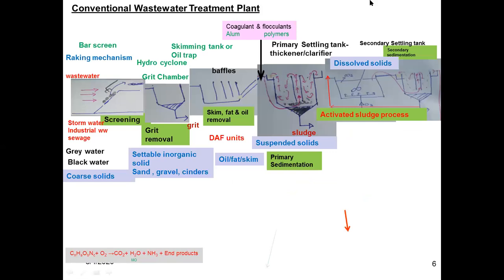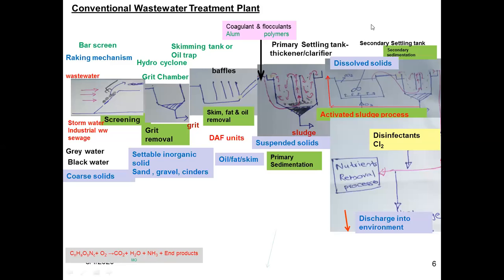Now you are familiar with this diagram: screening, grit removal, skim and fat oil removal, primary sedimentation, and the activated sludge process, which is the aeration tank plus the secondary settling tank. The water coming from the secondary sedimentation tank can be discharged into the environment, but before that we have to add disinfectants.